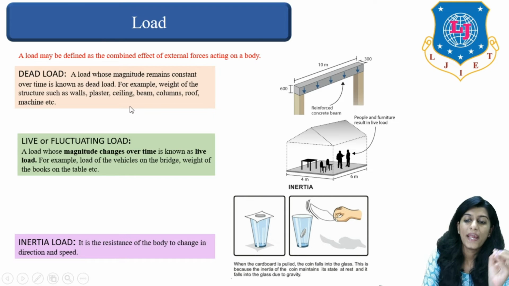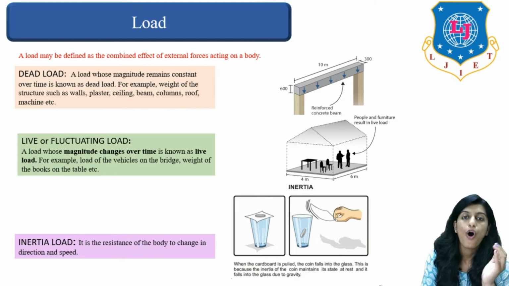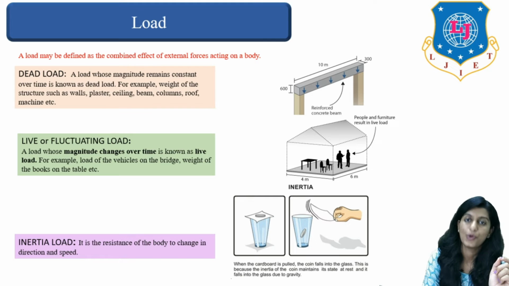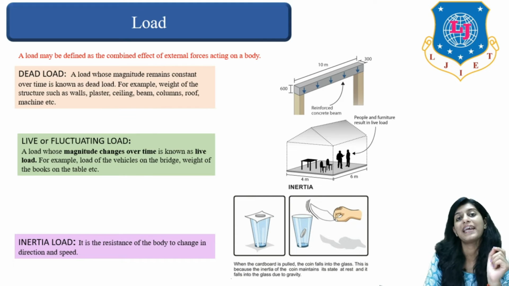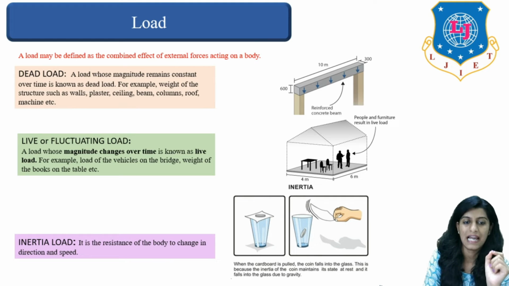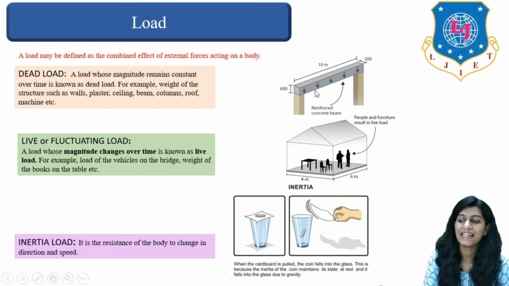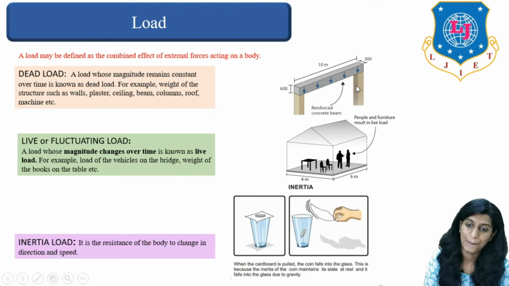So the weight of structures such as wall, plaster, ceiling, beams, column, roof, etc. all these weights of structures are termed as dead load, because it will remain the same or constant with passage of time, right? So here you can see at any moment of time, the load on these two pillars will remain the same.